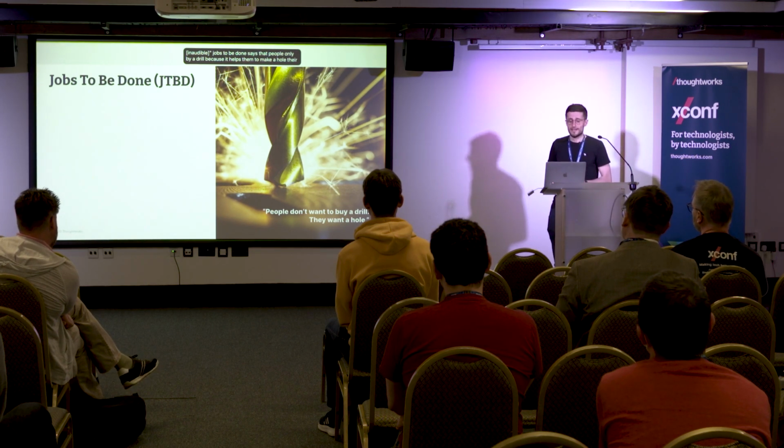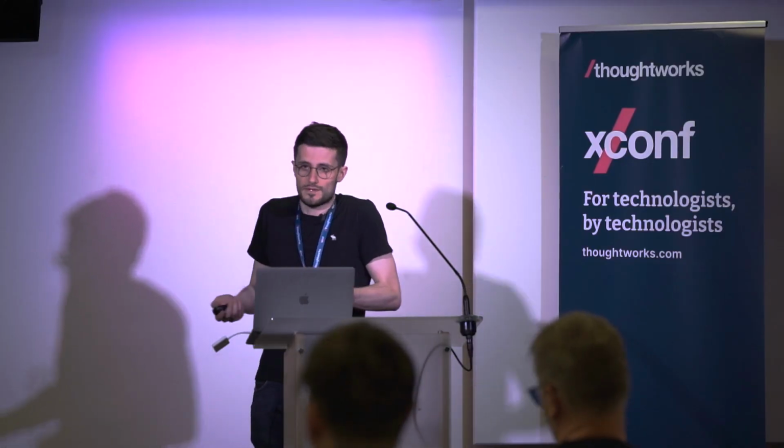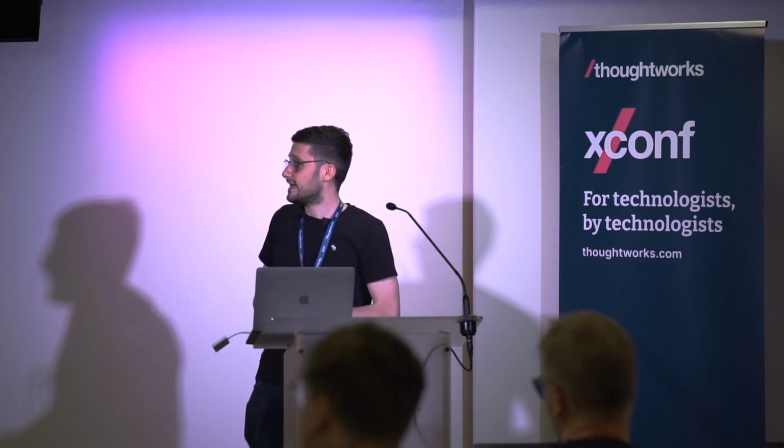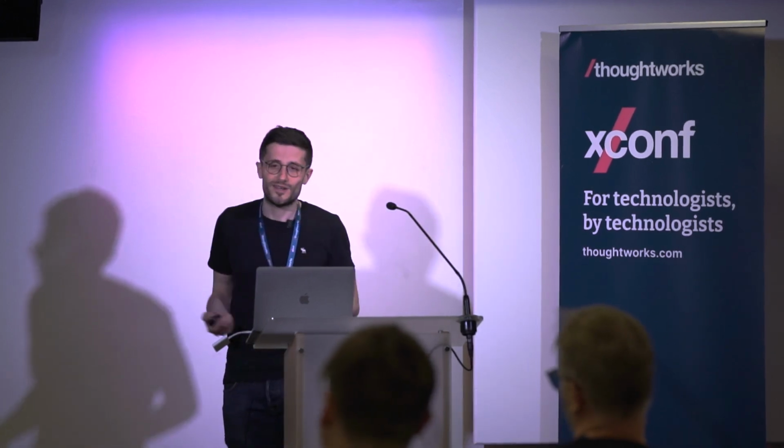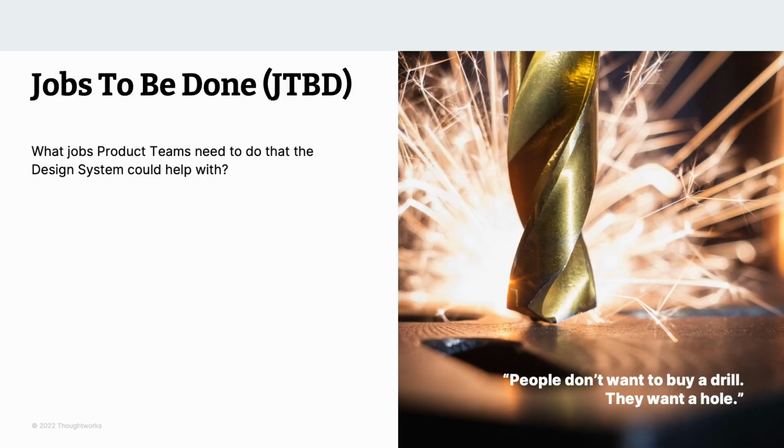And similarly, product teams have some jobs to do, and they won't actually adopt a design system just for the sake of using one. They have some jobs to do, and it's very important to understand what is crucial for them, what are the jobs that they need to do.